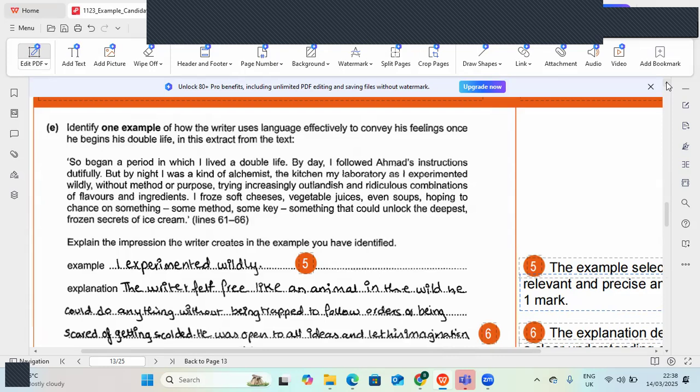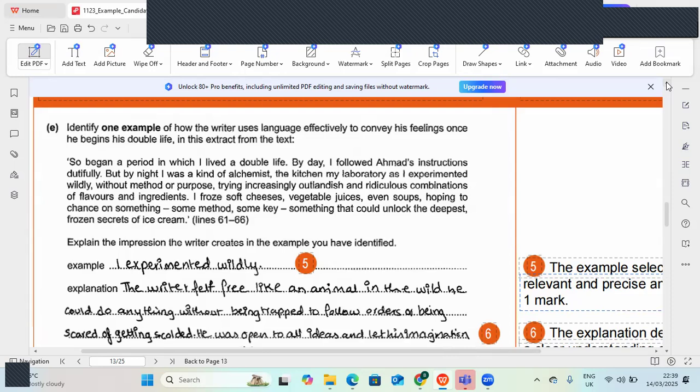So all right, so began a period in which I lived a double life. By day, I followed Emma's instructions dutifully, and by night, I was kind of an alchemist. The kitchen, my laboratory, as I experimented wildly without method or purpose, trying increasingly outlandish and ridiculous combinations of flavors and ingredients.